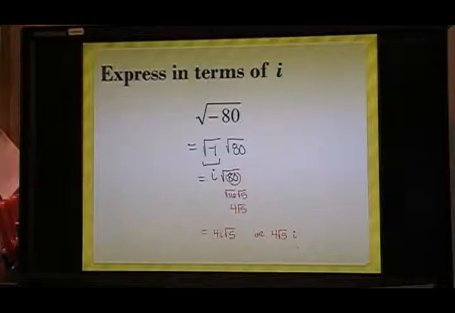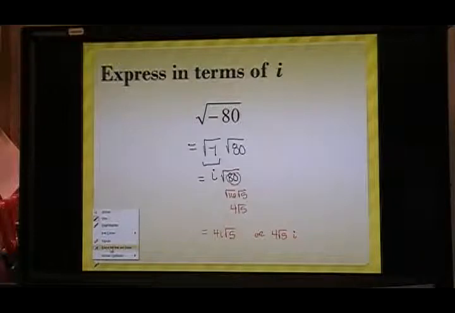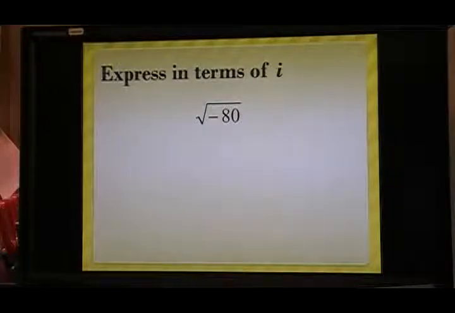And actually, when I'm going through these simplifications, I would never do what I just showed you. I would never split it up into the square root of -1 times the square root of 80. Instead, I would just say, okay, I know it's going to have an i, so I would put the perfect square and the negative together.